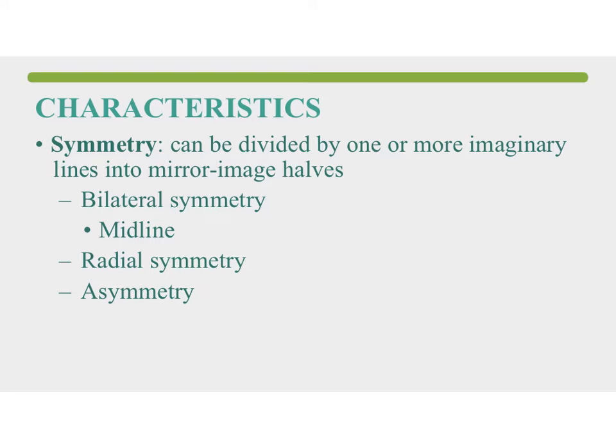When you look in a mirror, you see your reflection, right? So when they're divided into exact halves, they're like mirrored back and forth. It depends on what symmetry is used.